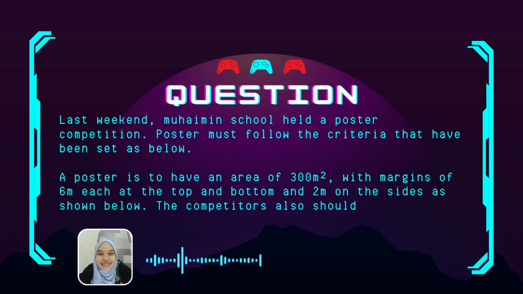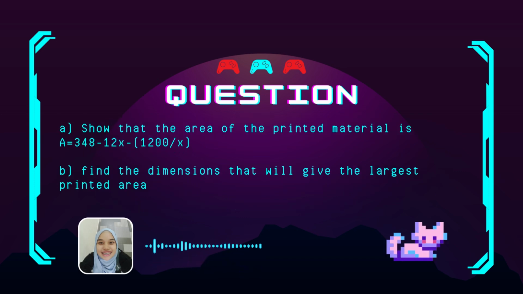The competitors also should show that the area of the printed material is A equal 348 minus 12x minus 1200 over x. The competitors also should find the dimension that will give the largest printed area.